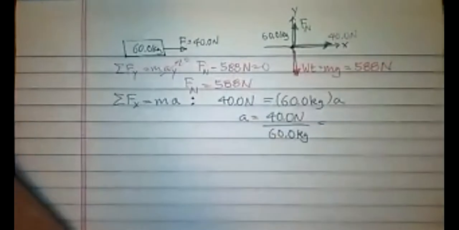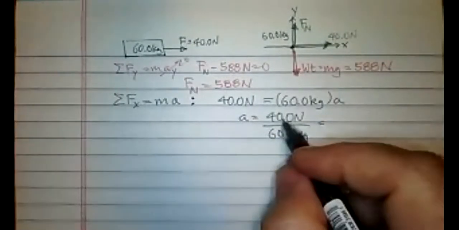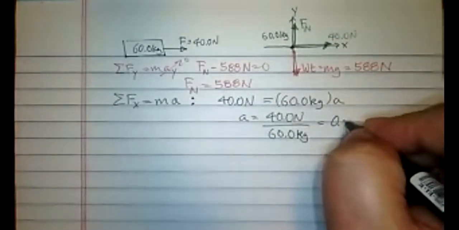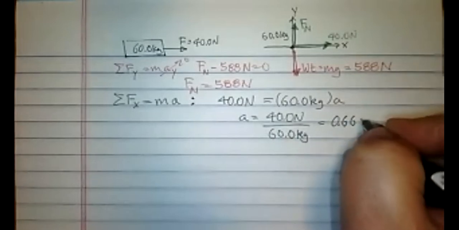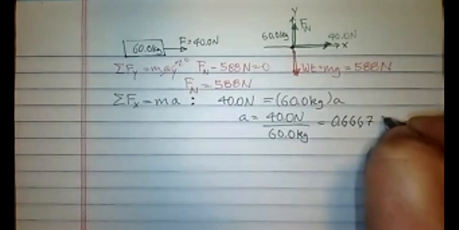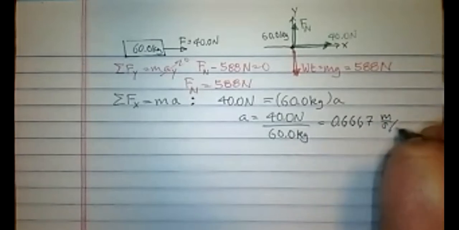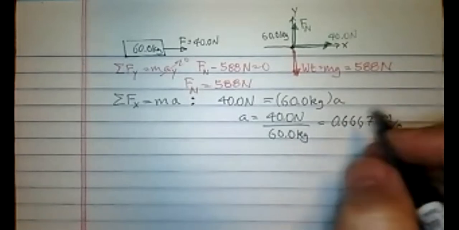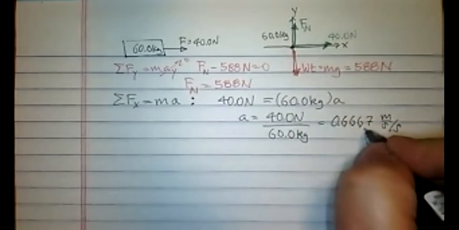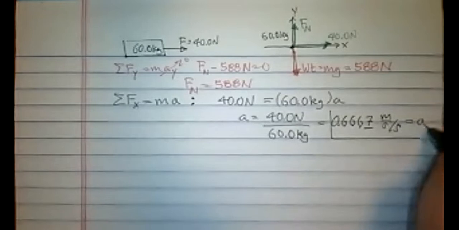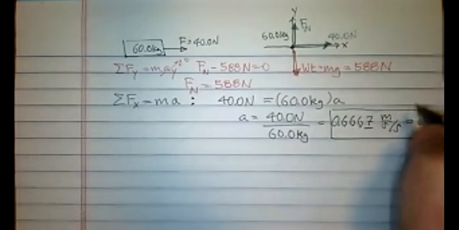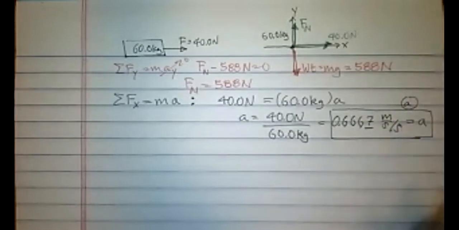And I think you all can tell that this is going to be 2/3, which is 0.66. Let's go ahead and use 4 sig figs. That'll be 0.6667 meters per second every second. So that's the acceleration. I've carried one extra sig fig there, so I'll underline it. That's our acceleration, and that's the answer to part A.